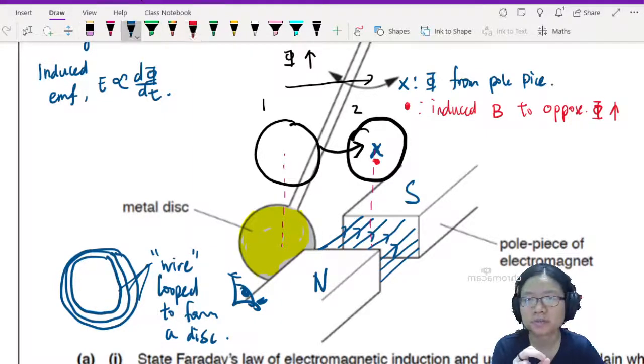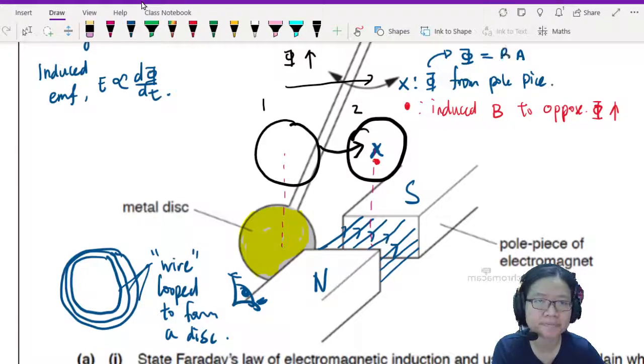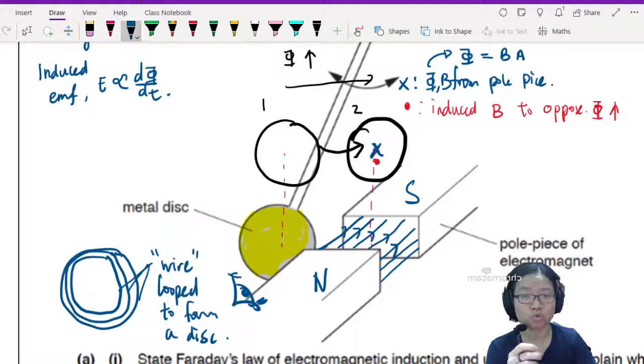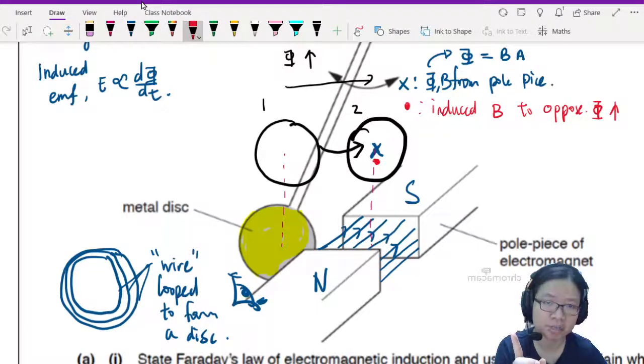Of course, in case you don't remember, flux is equal to NBA. In this case, it will be equal to BA, because there's no coil. So this means if I want the current to flow, it needs to create a magnetic field that is going in the opposite direction. So the magnetic field induced has to flow like this.